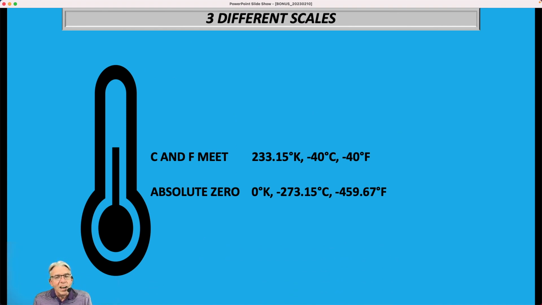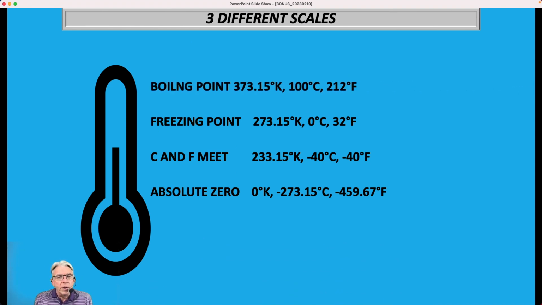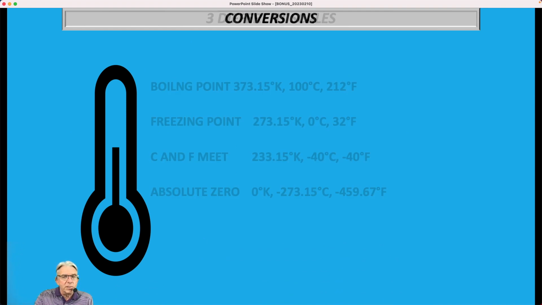So, at minus 40, it's 233.15 Kelvin, but minus 40 degrees C and minus 40 degrees F, they're exactly the same at that temperature. The freezing point is 273.15 Kelvin, 0 degrees Celsius, or 32 degrees Fahrenheit, and the boiling point, 373.15 degrees Kelvin, 100 degrees C, or 212 degrees Fahrenheit.